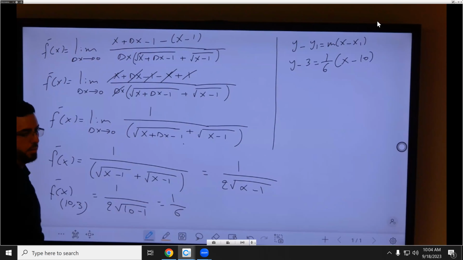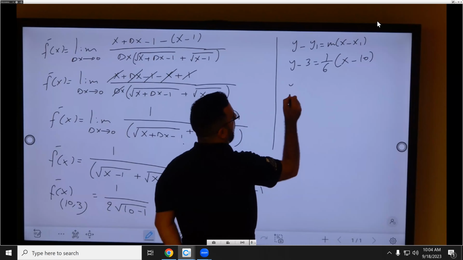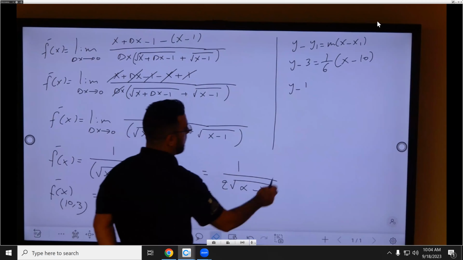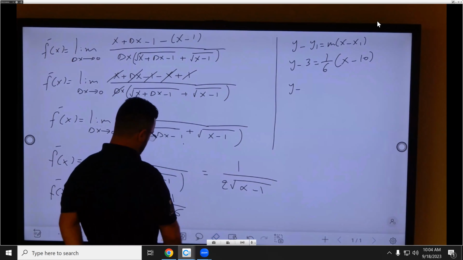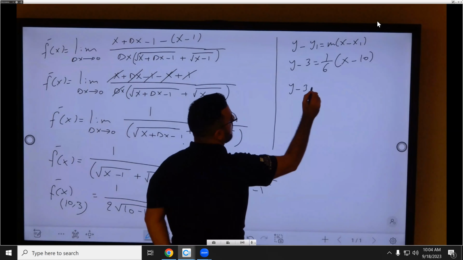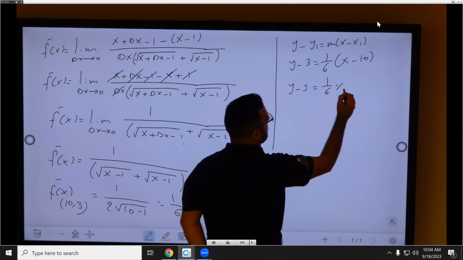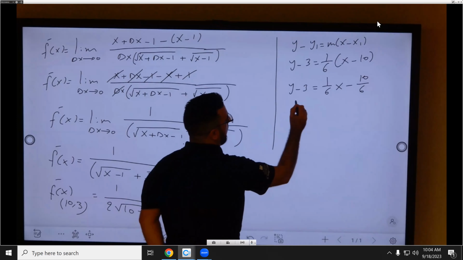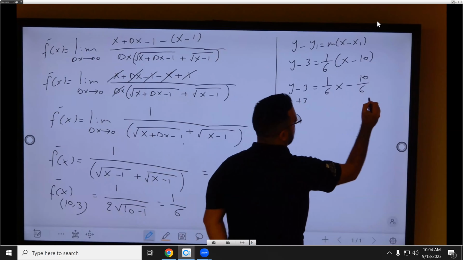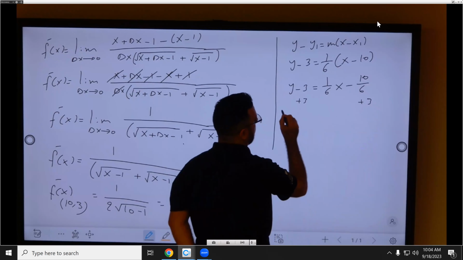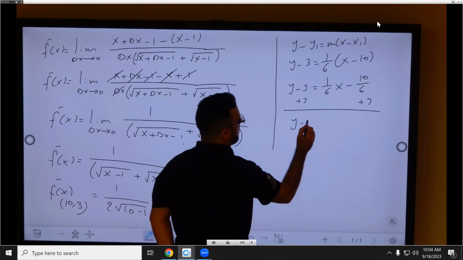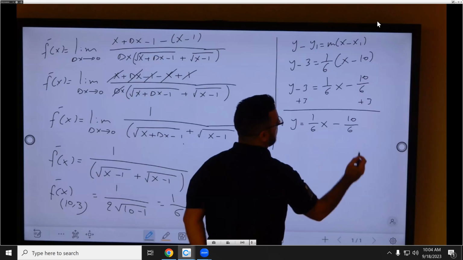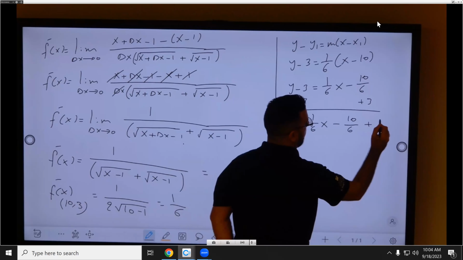Y minus 3 equals 1/6 x minus 10 over 6. Add 3. That means y is going to be 1/6 x minus 10 over 6 plus 3.